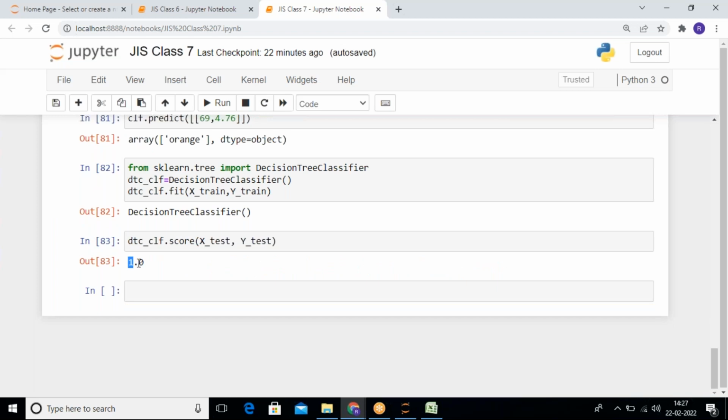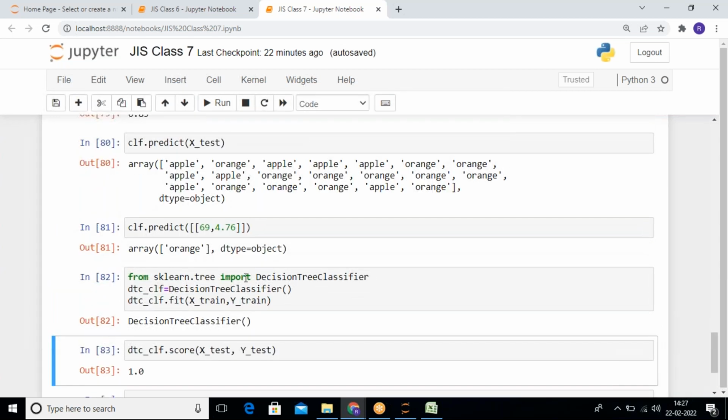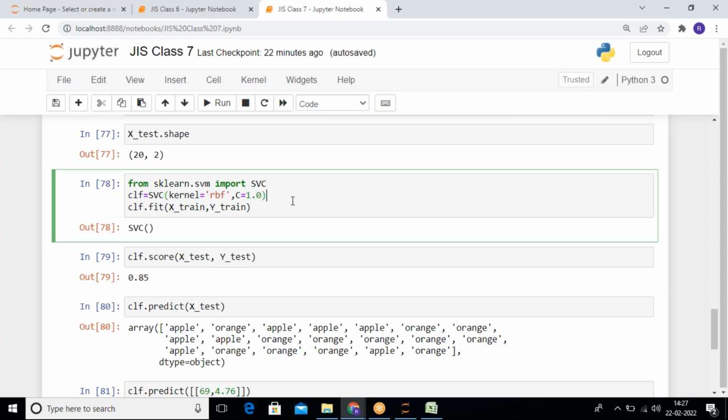But for the decision tree, the accuracy is 100%. In this type of data, the support vector machine is not giving up to the mark. It's 85% accuracy.